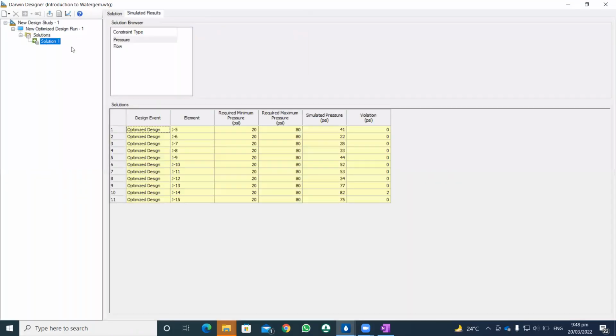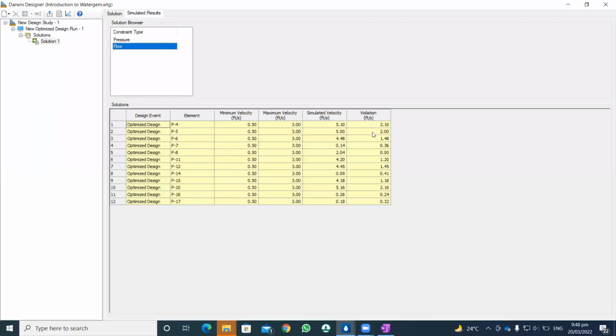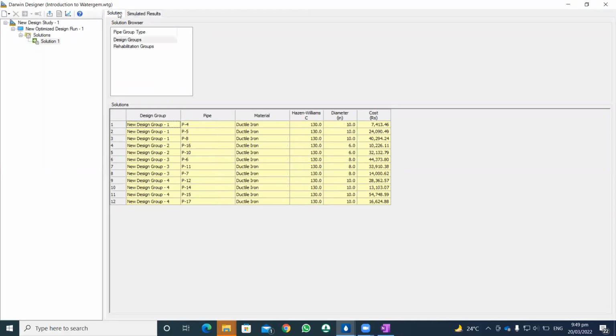You can check this solution: there is some violation at junction 14 because of the high demand at J15. You can also check the flows. There are a lot of violations because we have set a very strict constraint that velocity should be about 6 to 7 feet per second in a pressurized pipe.